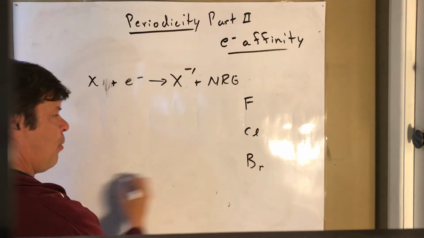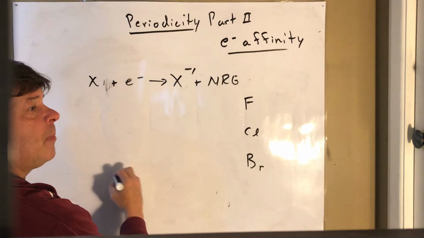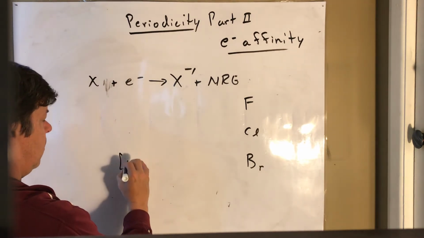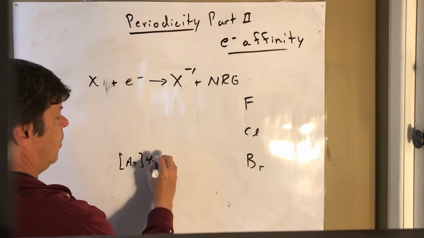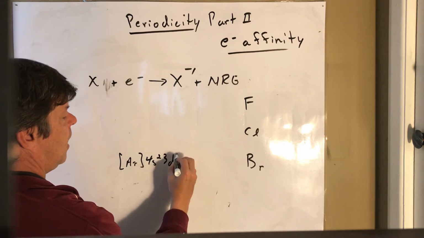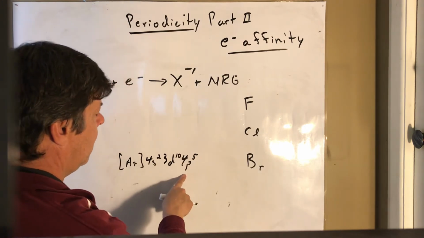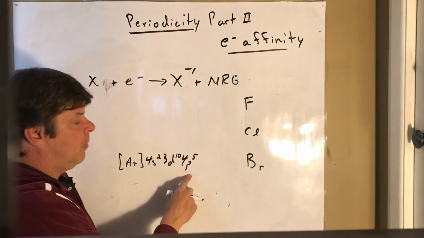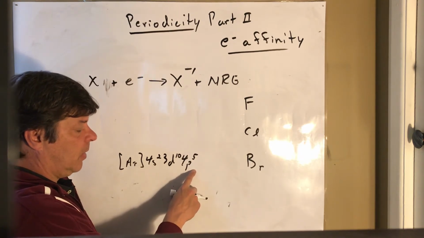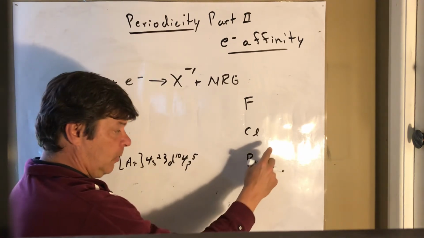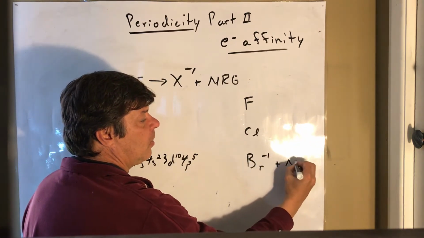If we're thinking about bromine, of course, it's argon, 4s2, 3d10, 4p5. So it'll definitely receive that. Bromine will be attracted to an electron to become -1, and of course it'll release some energy.